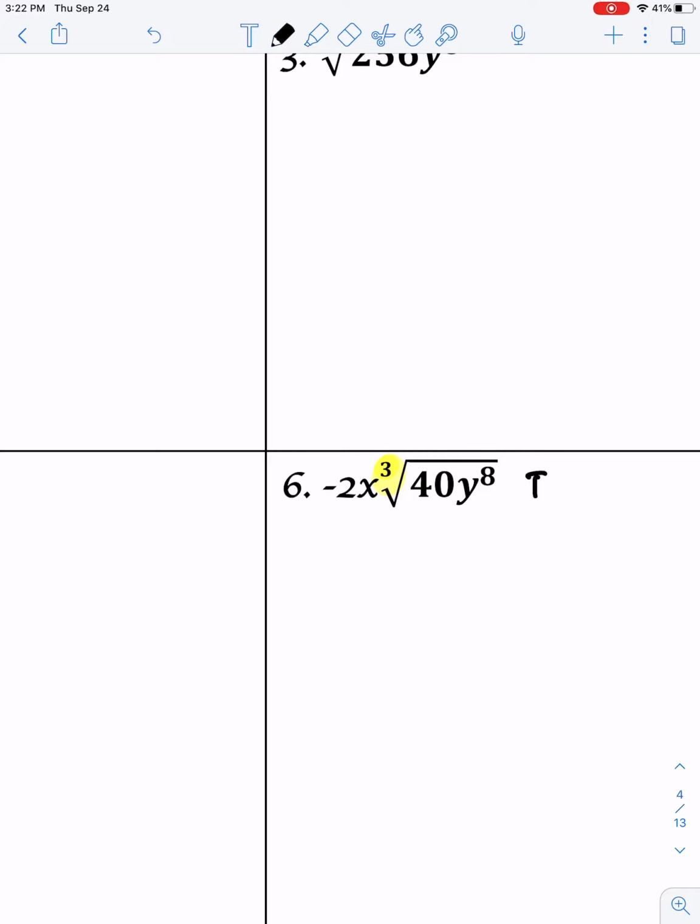My index is 3. Find the prime factorization of my numbers. 40, so 2 times 20. 20 is 2 times 10, which is 2 times 5. Y to the 8th is just 8 y's.